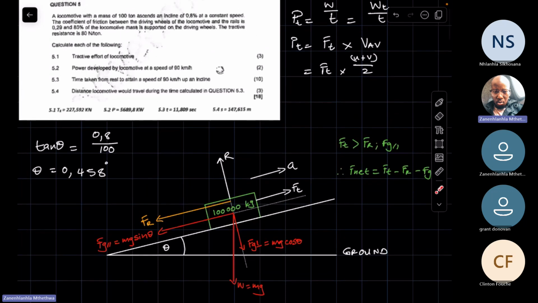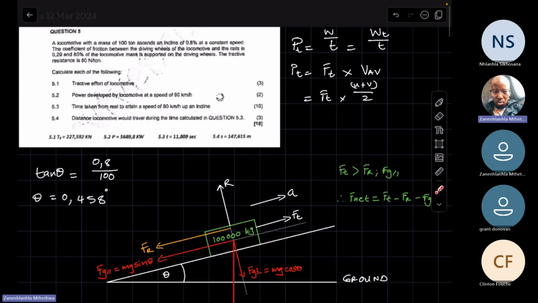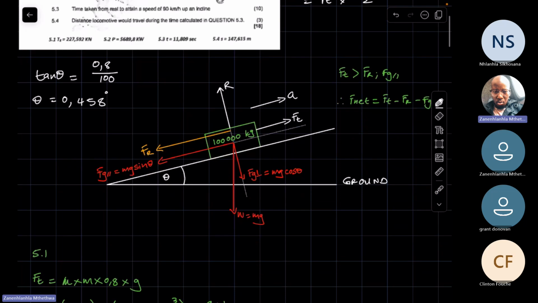So you get theta, and once you have theta, then you can get mg sine theta. So you can get Fr, you can get Fg parallel, and Ft you've already calculated. So meaning you can get F net. And you know from Newton's second law of motion, F net is equal to ma.